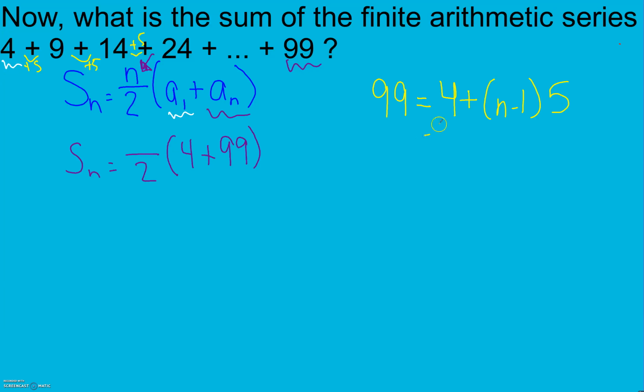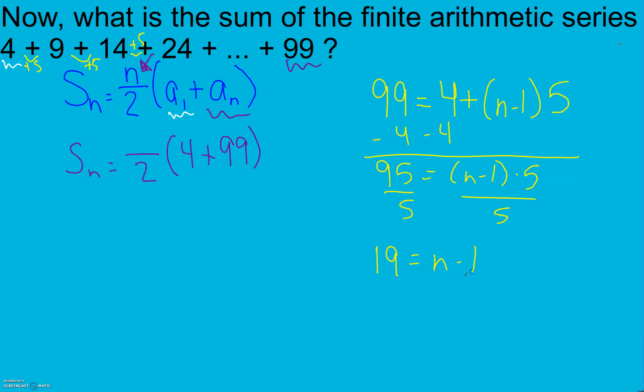I'm going to solve: subtract 4, divide by 5, add 1, and I get n equals 20.